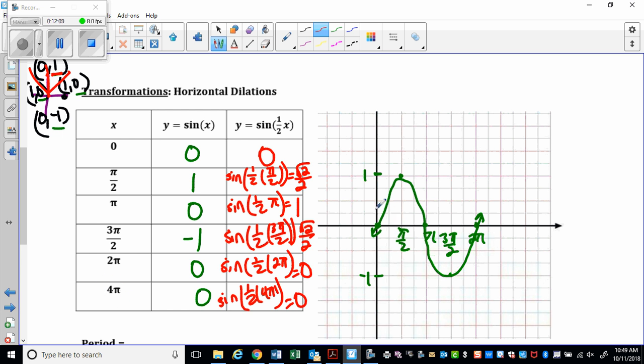Let's see what it looks like. I know that I'm still starting at the origin. I'm still going up to 1, down to -1, but slower. So at pi over 2, I'm at the square root of 2 divided by 2, something like this.